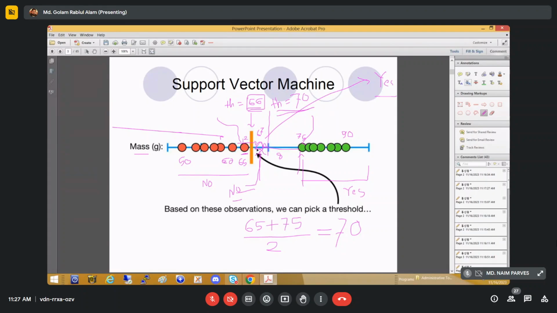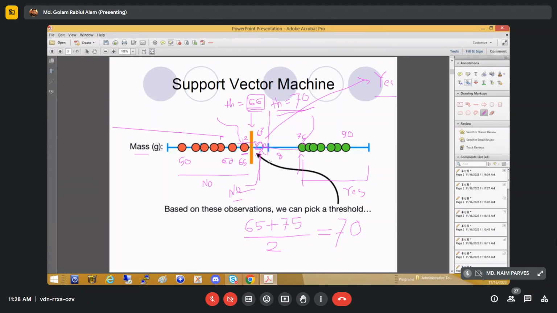So that means if we find a threshold value at the middle point, that will be a better threshold for the separation. We need to keep this in mind: always we try to put the threshold, the separation line, the separation plane at the middle point.